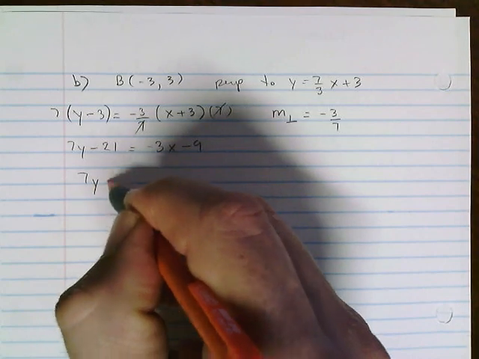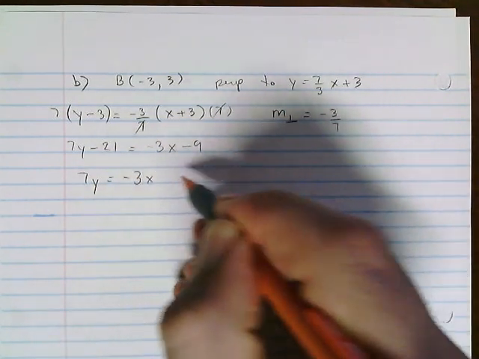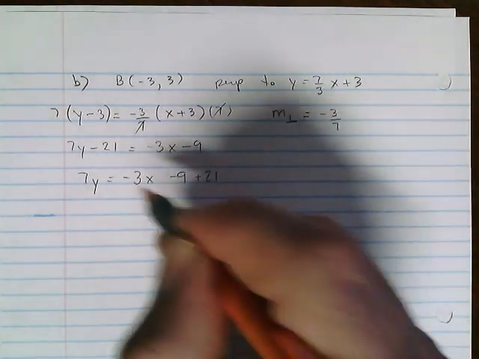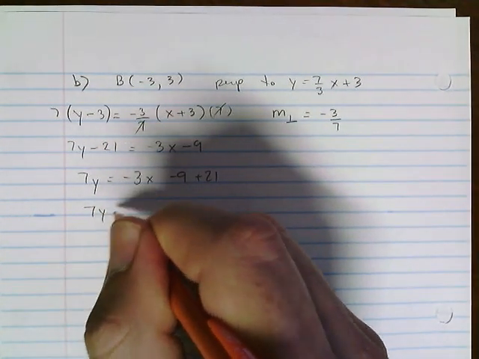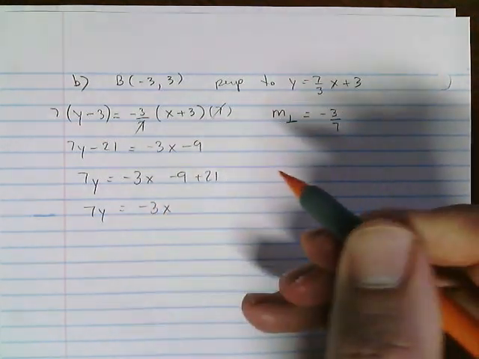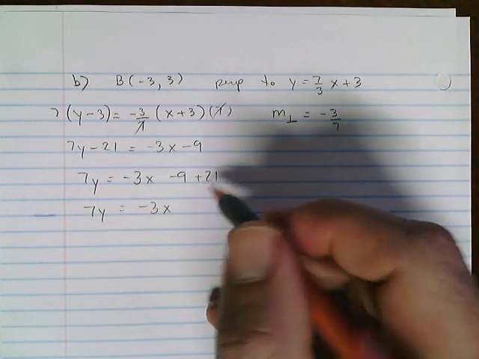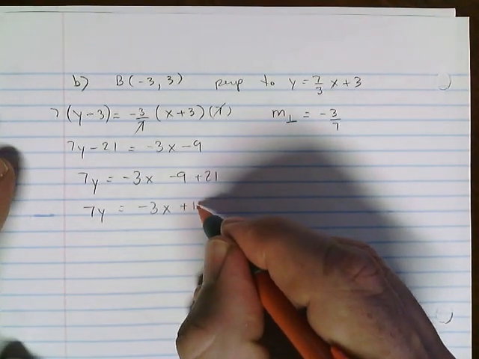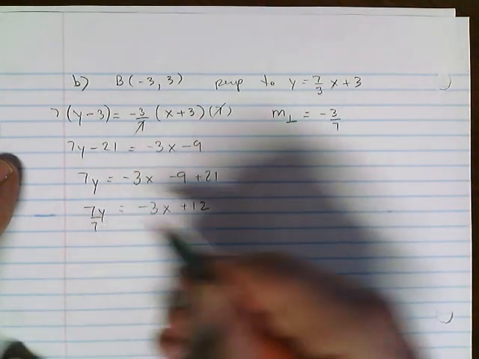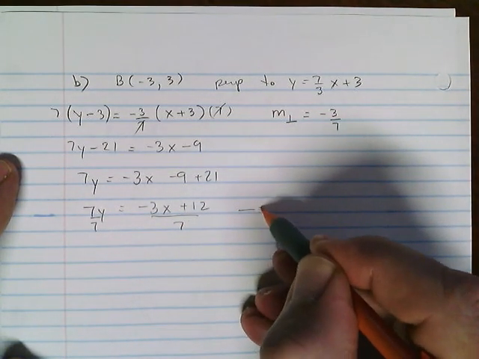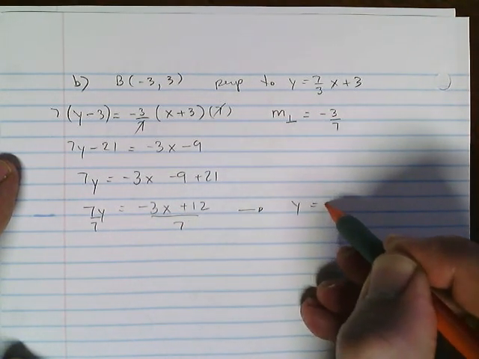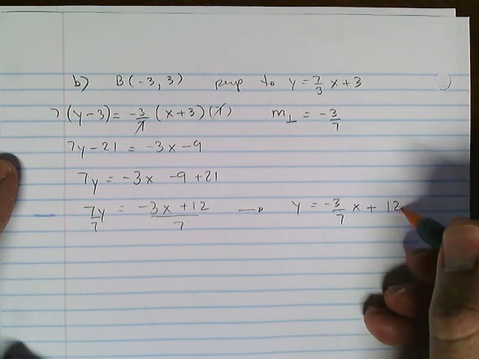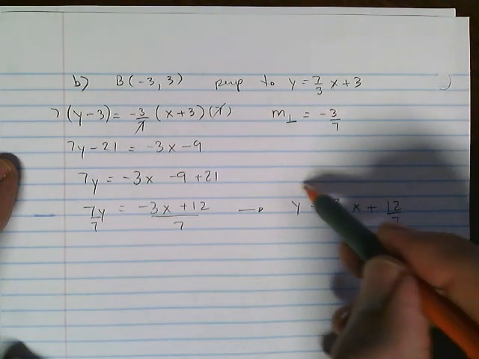So 7y is equal to negative 3x minus 9 plus 21, and that gives us 7y is equal to negative 3x plus 12, positive. So the last step is to divide everything by 7, and you get y is equal to negative 3 over 7 x plus 12 over 7. Okay, and you're done.